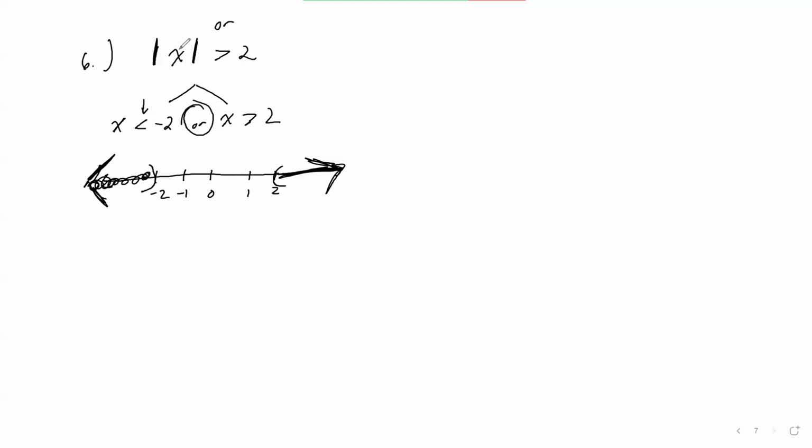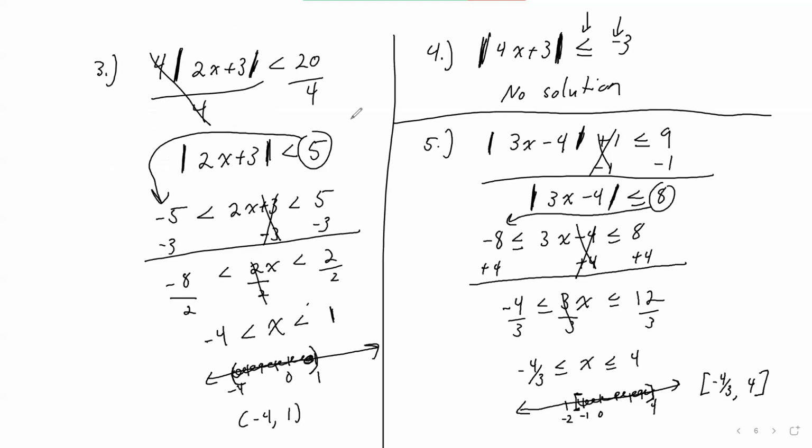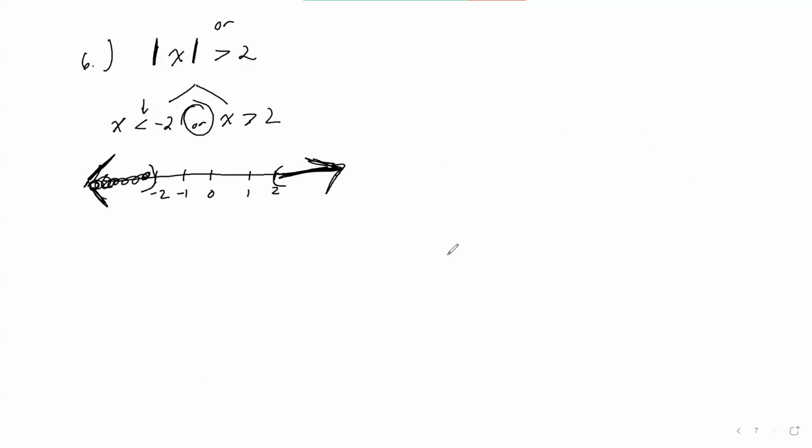Absolute value of -1 is 1. Is 1 greater than 2? No. So when you deal with a greater than situation, it's everything on the outside. With less than, we get all these little sandwich cases. Greater than is an or, and it's a wing case.